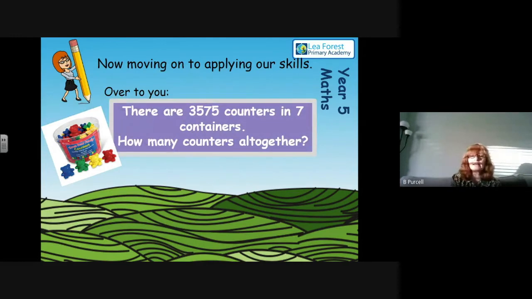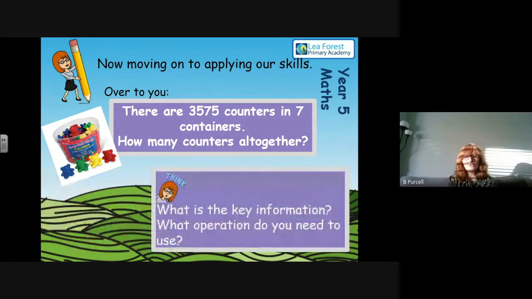There are 3,575 counters in 7 containers. How many counters altogether? So, over to you. What is the key information I will need to solve this problem, and what operation? I don't want the answer to the problem just yet. I just want you to be able to tell me what the key information is and what operation you need to use. So, over to you.